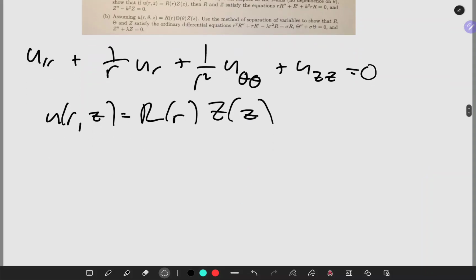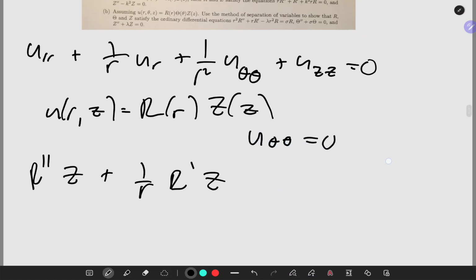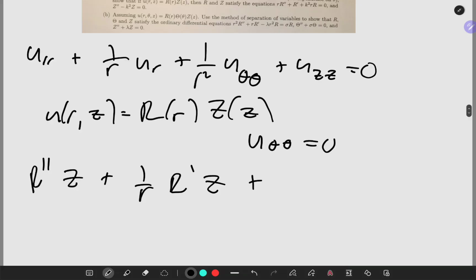So let's start off by plugging things in. We'll have R double prime times Z, plus 1 over r, R prime Z, plus 1 over r squared, U of theta theta, which in this case would be 0, so that term goes away, plus R Z double prime.